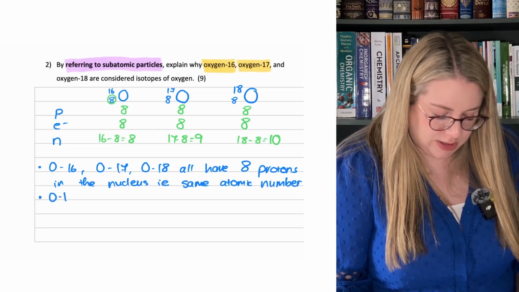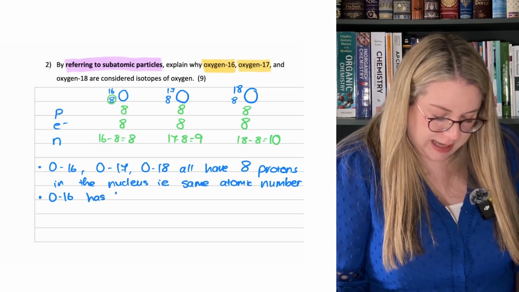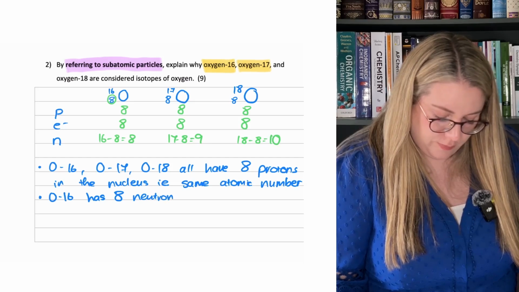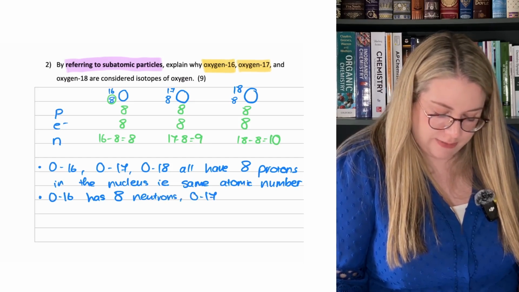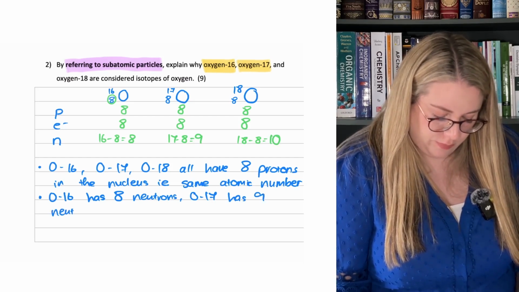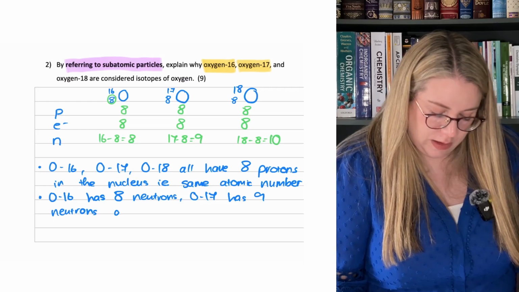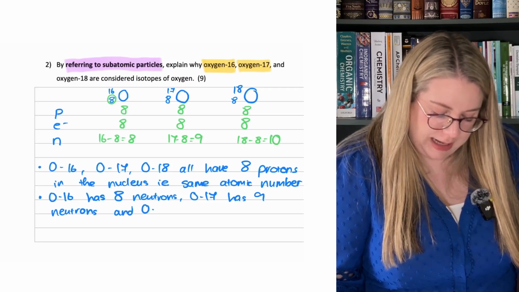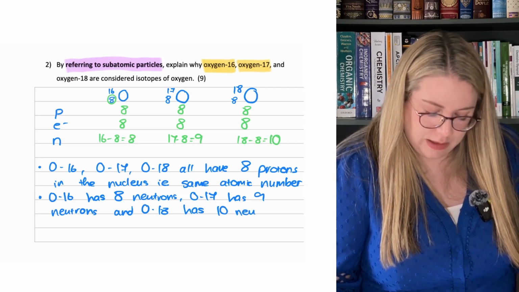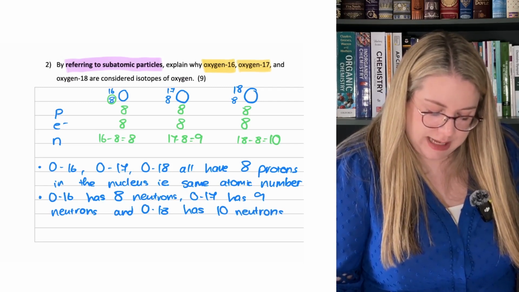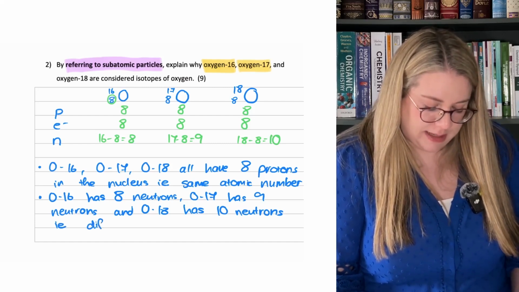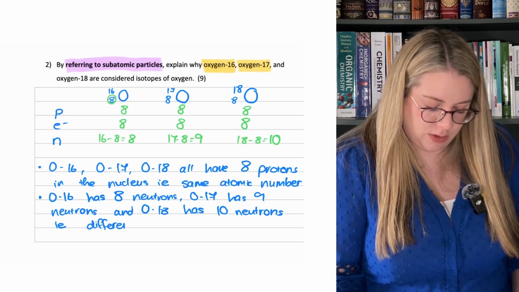But oxygen 16 has 8 neutrons. Oxygen 17 has 9 neutrons. And oxygen 18 has 10 neutrons. Now, we want to extend that a little bit, link it to your definition, i.e., they have different mass numbers due to different numbers of neutrons.